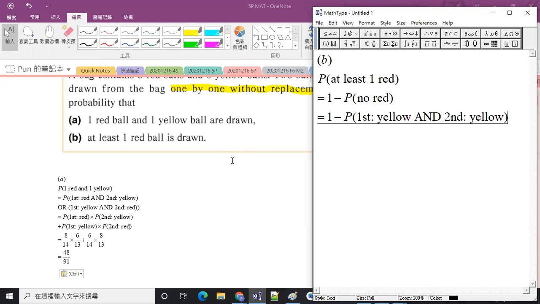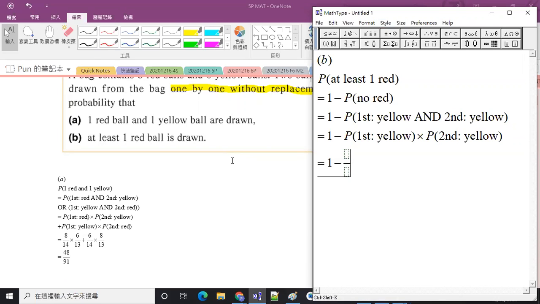Got it? And then we just split this probability into two parts. First is yellow, and then times P, second is also yellow. Okay, and then it's 1 minus. So this should be fraction times fraction.